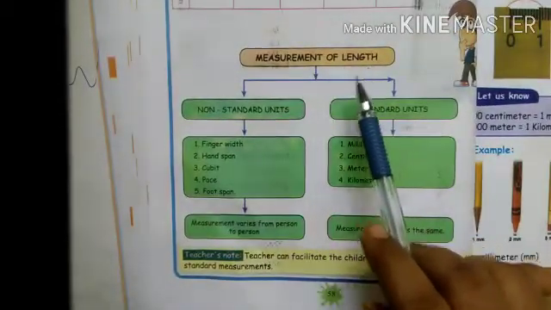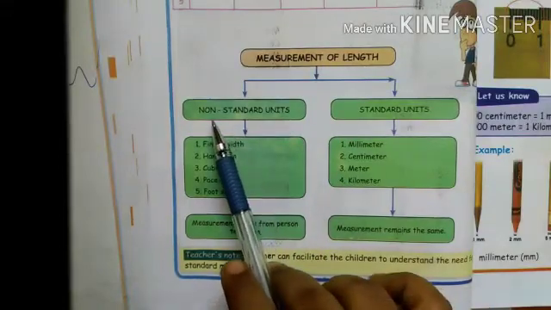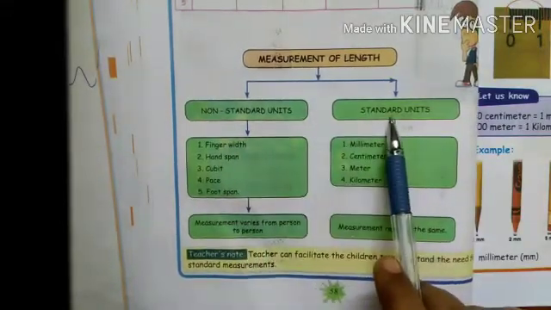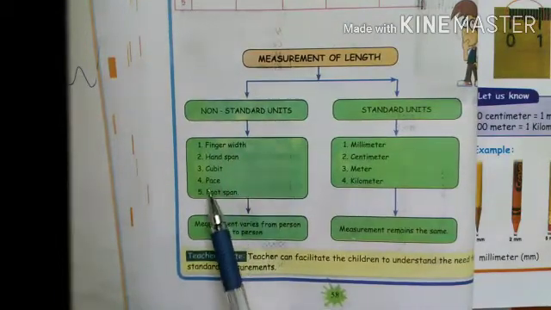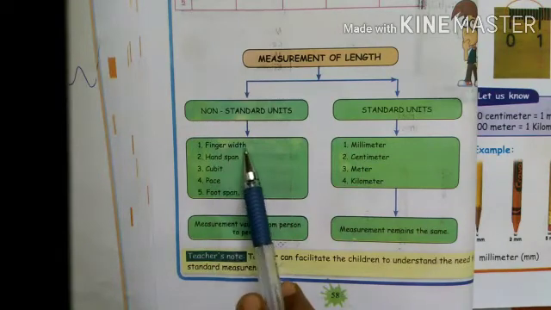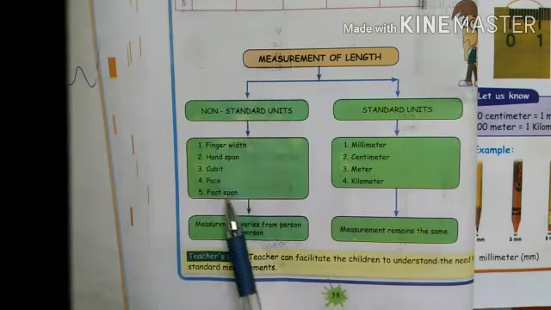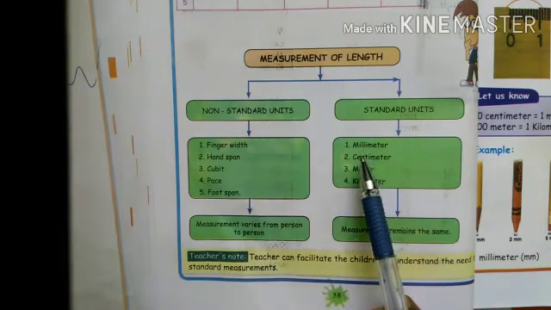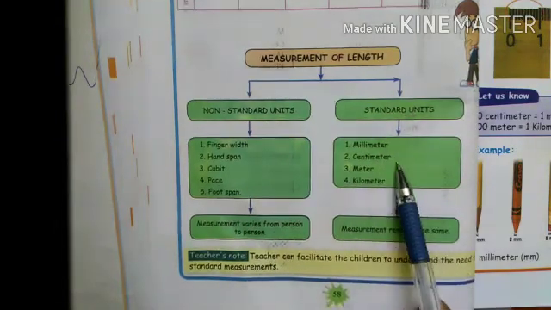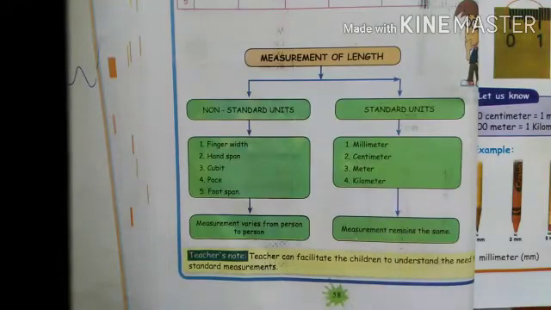Measurement of length is given in two types, non-standard unit and standard unit. Non-standard units are finger width, hand span, foot span, cubit, pace. Standard units are millimeter, centimeter, meter, kilometer.